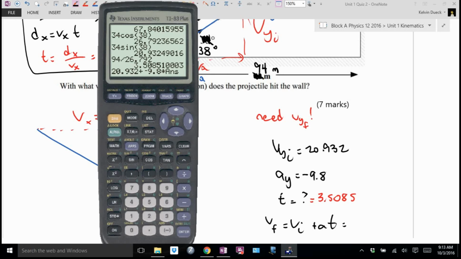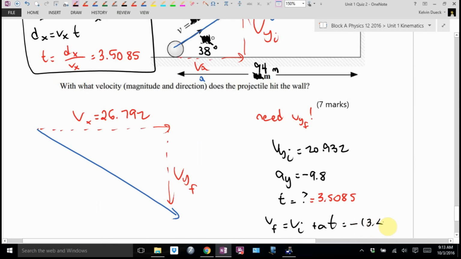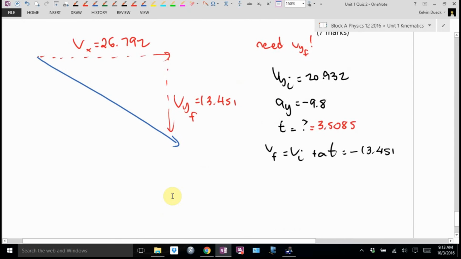Am I expecting a positive or a negative answer here? Hoping for a negative. Yes. Negative 13.451. What happened to the negative? It's right there in the arrow pointing down now. Whew. And now we're on familiar territory.